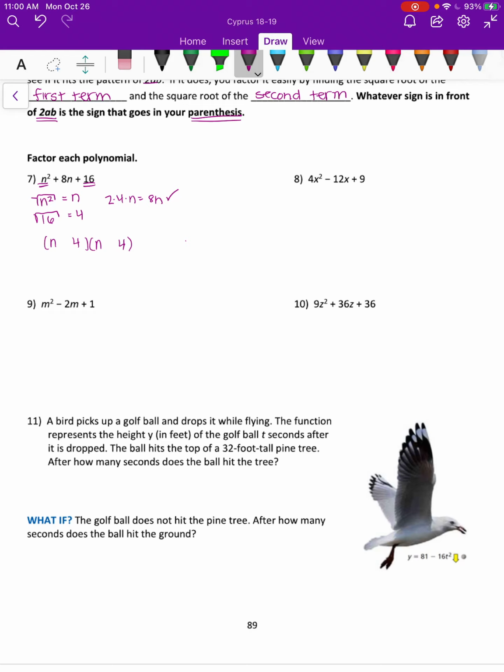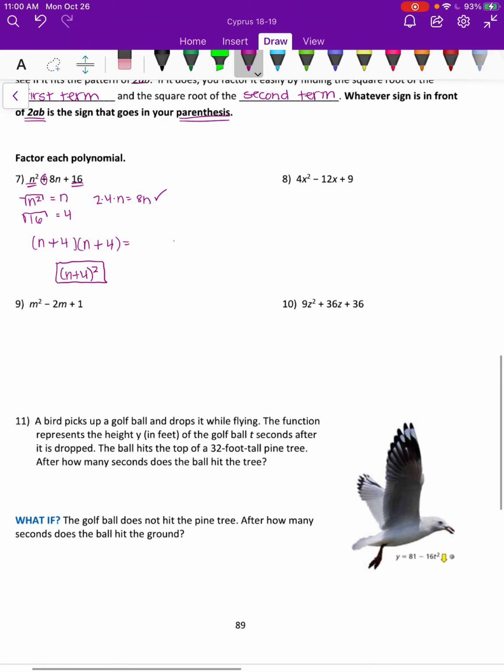Okay. Now to place the signs in, I want to look at what sign is in front of 8n. It's a plus, so plus goes in both. You can circle that as your answer, or you could write it like this. Those mean the exact same thing.